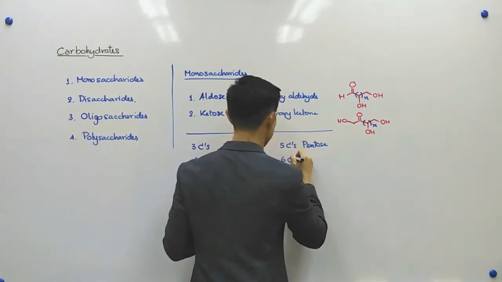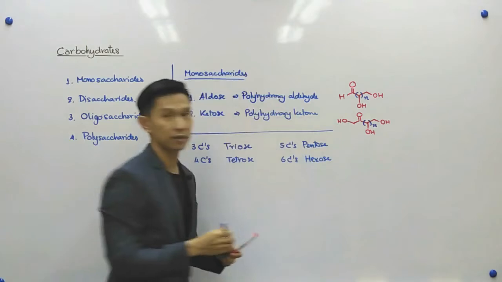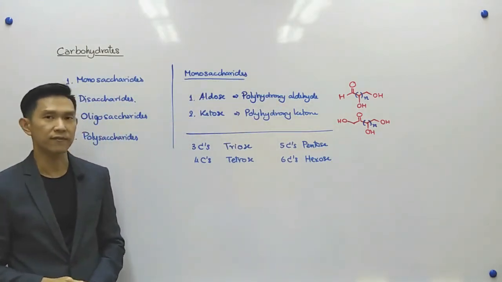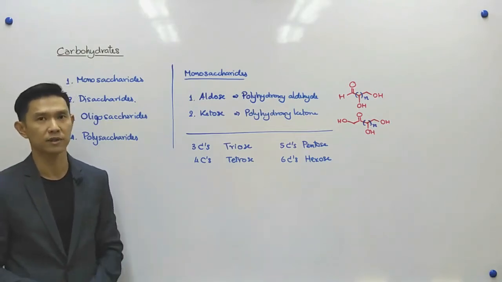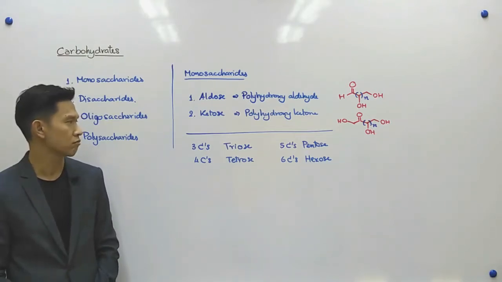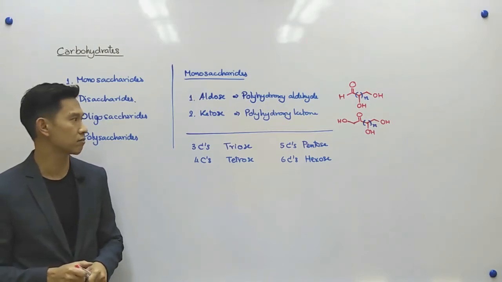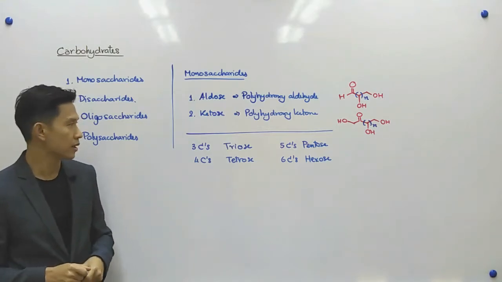And if we have 6 carbons in the molecule, we call it hexose sugar. But rarely we have 7, 8, or 9 carbons, maybe just 3, 4 or 5, rarely a higher number of carbon here.